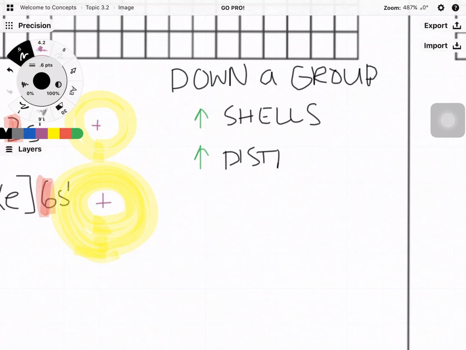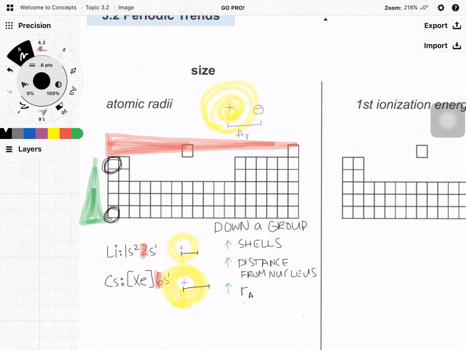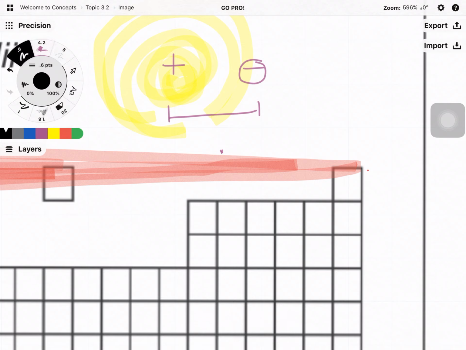There's a greater distance to the nucleus. So again, this distance is smaller than this distance. Okay, which means that as you go down a group, because of the further distance from the nucleus, our atomic radius increases. Sorry, this should be the other way around. I just noticed that. So this should be atomic radius. Okay.